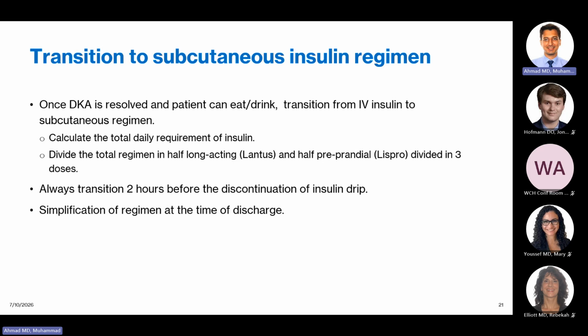So once we know DKA is resolved and the patient can eat and drink, we have to calculate the total daily requirement. Once we know the dose, we give 50% as long-acting, and if the patient is eating at the same time, we give them Lispro, and then we start them on regular dosing.